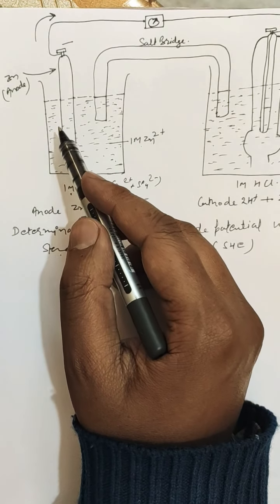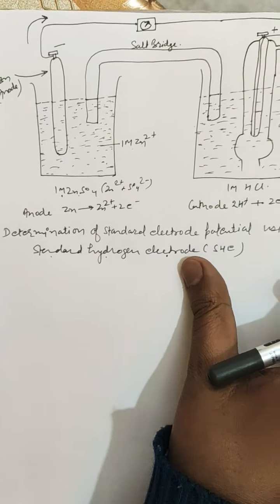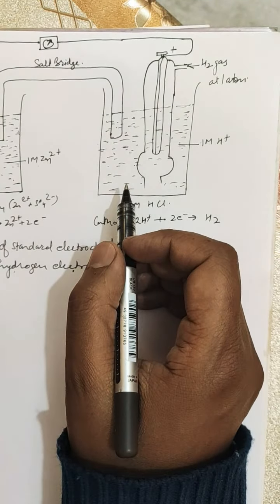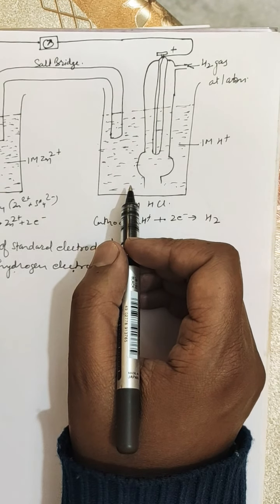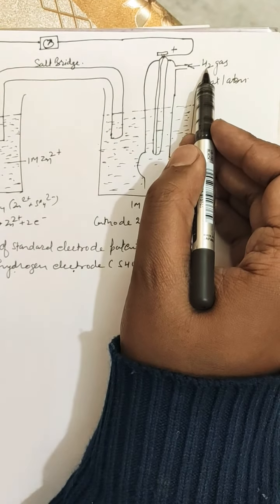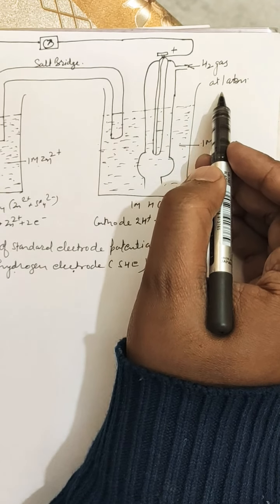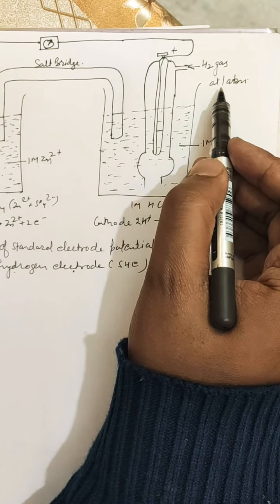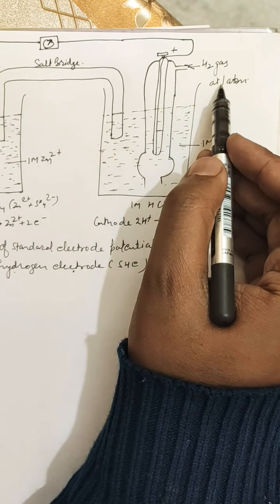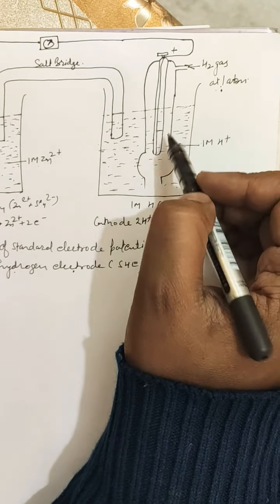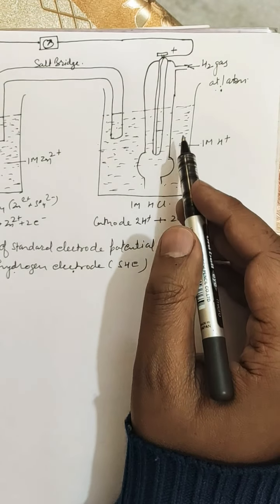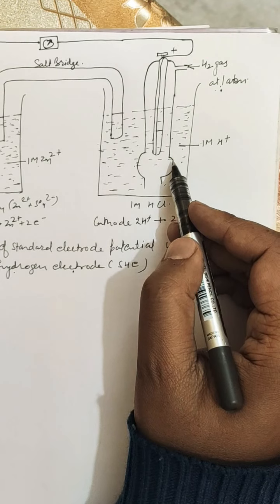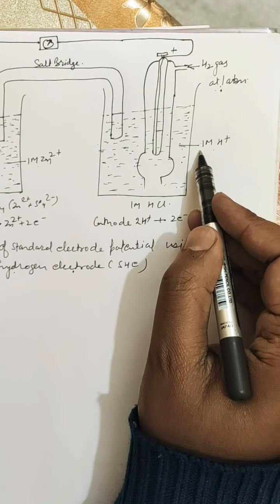So this electrode is dipped in this solution, and in another container the reference electrode is taken. The reference electrode here is the standard hydrogen electrode, in which hydrogen gas is pumped in at 1 atmospheric pressure, because we are talking about the standard electrode potential. The hydrogen gas is in a solution of its ions, H positive, at 1 molar concentration.